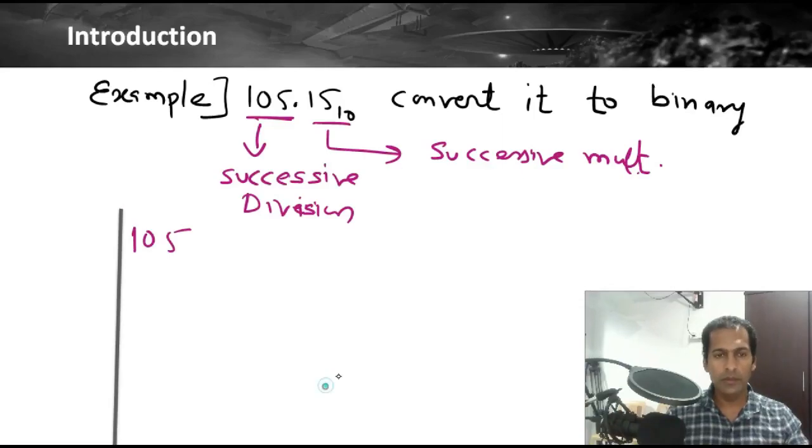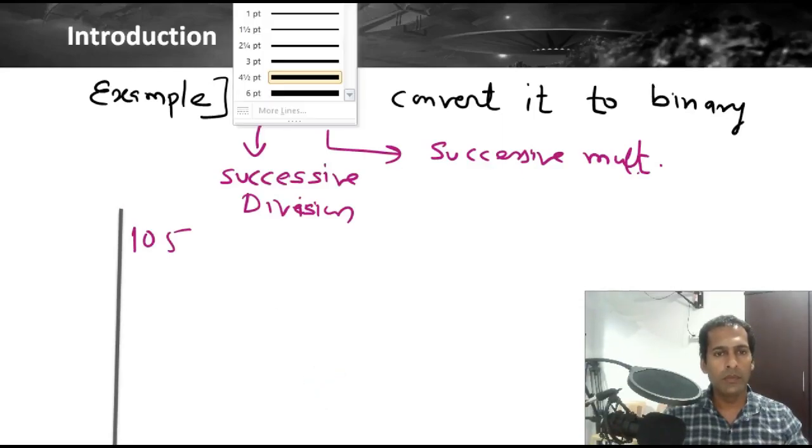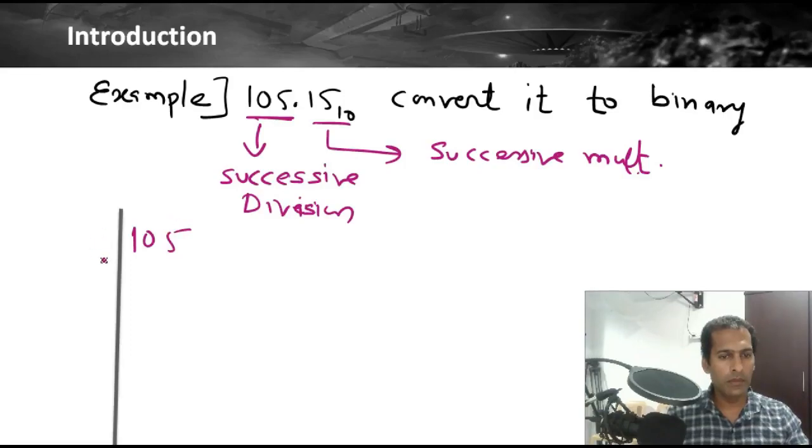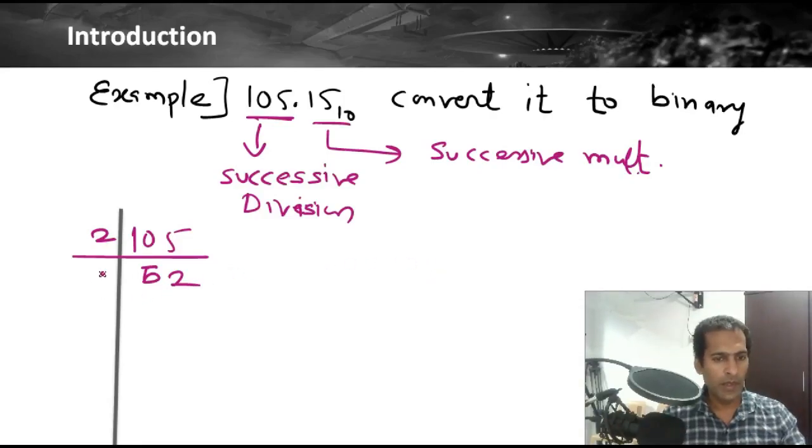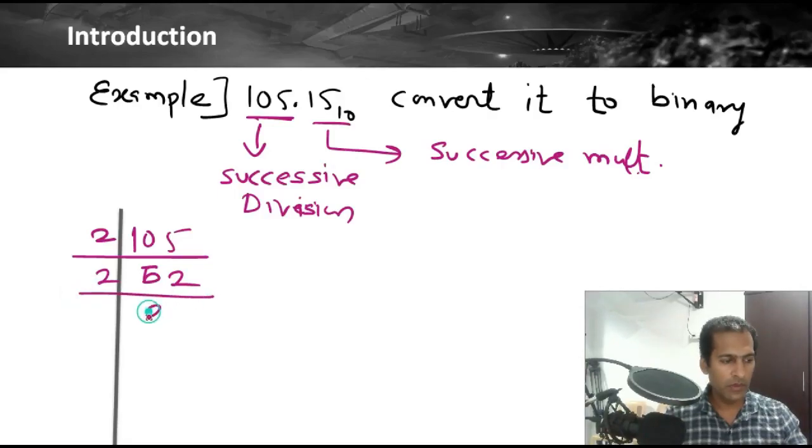So 105 divided by 2 gives 52, remainder 1.